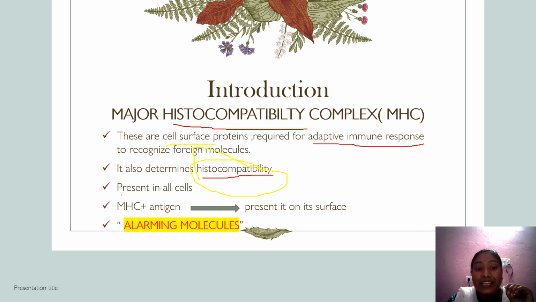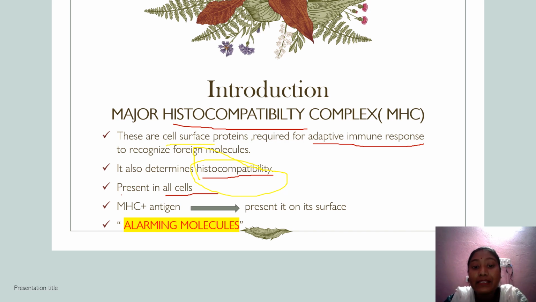This is present in all cells, though I would like to mention that of MHC1 and MHC2, one is present in the nucleated cells and the other is present in all other cells. So MHC plus antigen: when an antigen enters inside the cell, the MHC molecule has a function that it will show it on the surface.